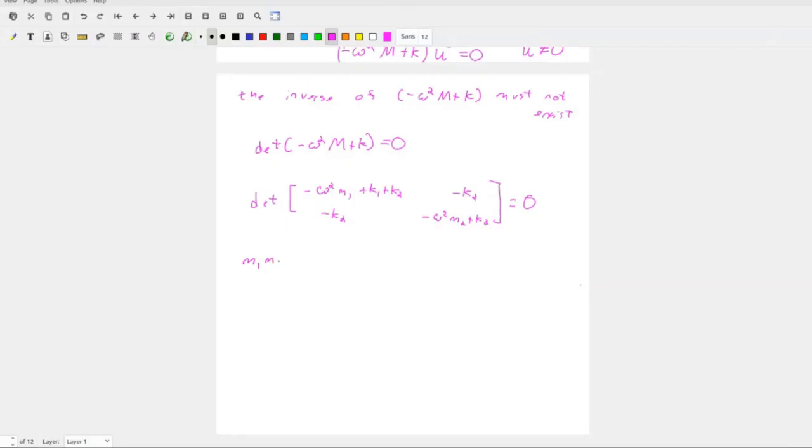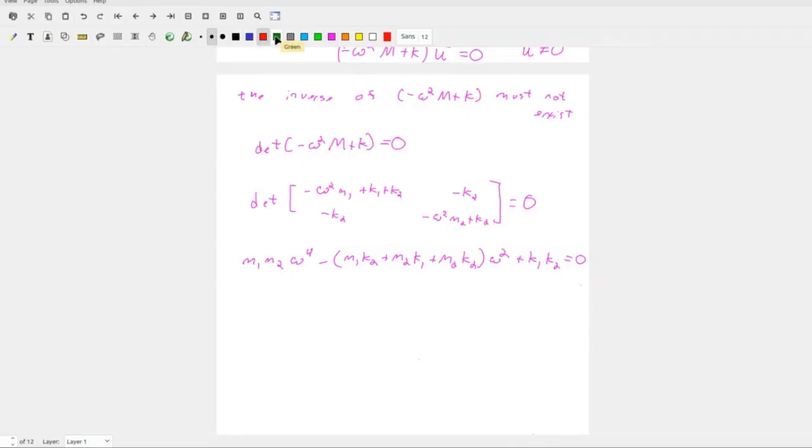We're going to have m1 m2, because it's this term times that term, omega to the 4, and there's some other things that get multiplied and rearranged, but that's fine, minus a nice big list of m1 k2 plus m2 k1 plus m2 k2 omega squared plus k1 k2 is equal to 0.